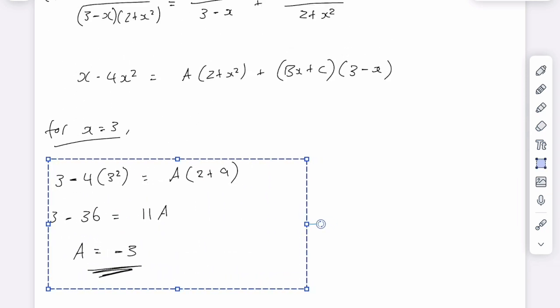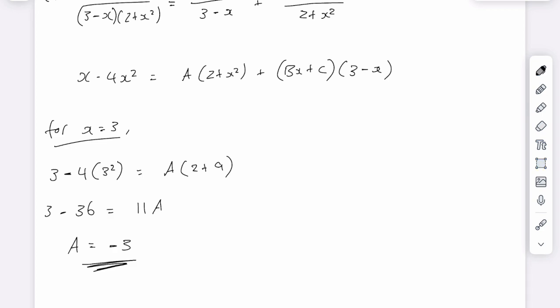Now, with that knowledge, what we can say from here is, if we let x equal 0, what we're going to get is 0 is equal to 2a plus bx plus c, that's going to just equal c, times 3 minus x, well, 3, so therefore we've got 2a plus 3c is going to equal 0.